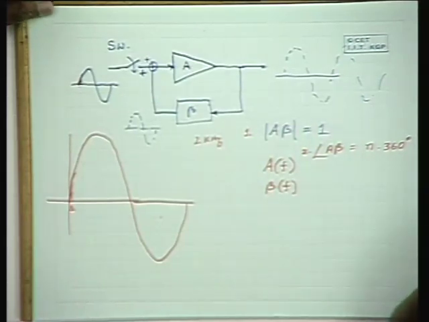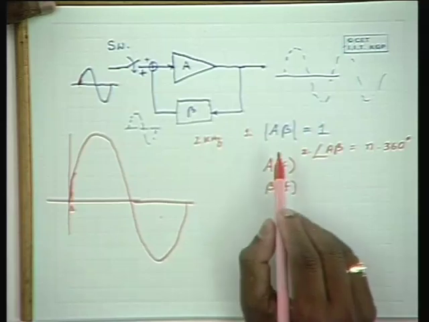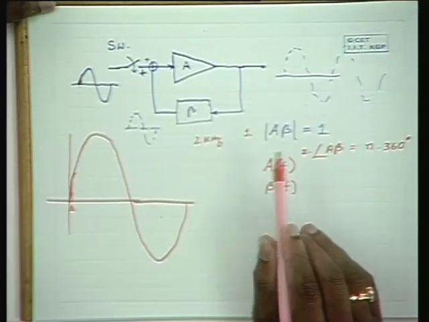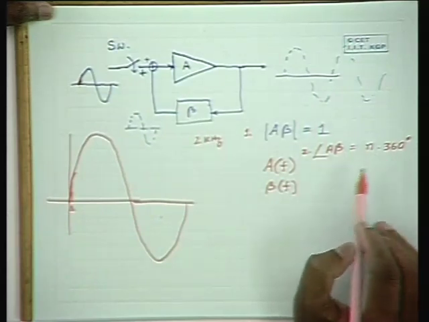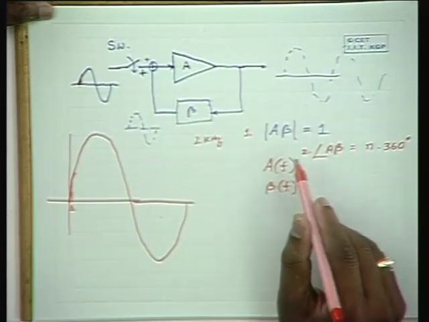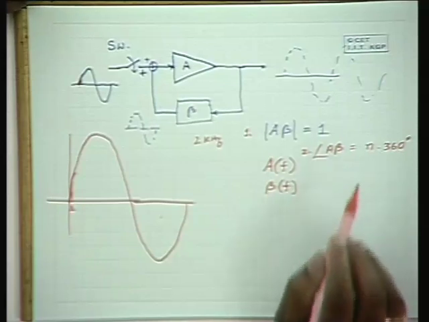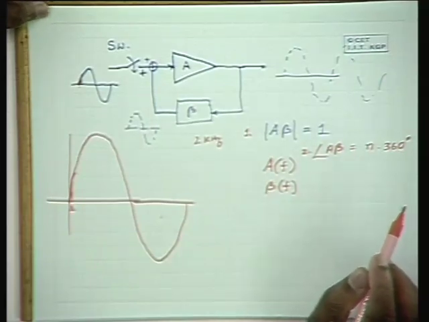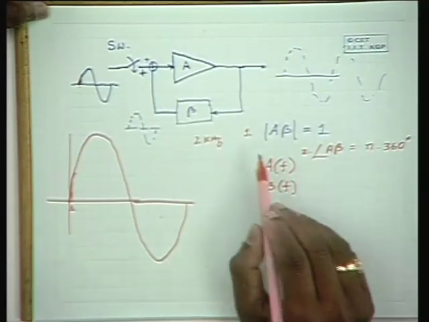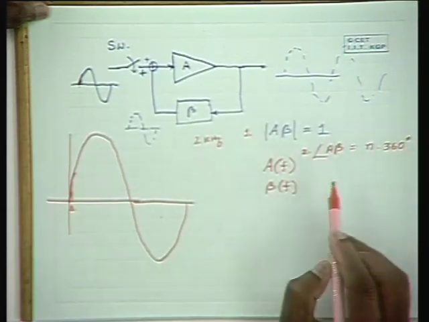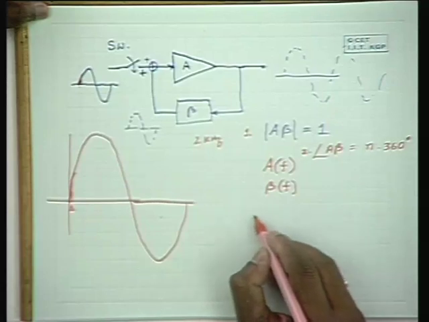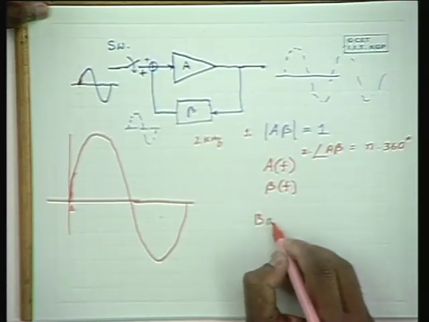Output does not get sustained. Therefore, only when the magnitude of A beta is equal to 1 and the angle of A beta is equal to n into 360 degrees at a particular frequency, oscillations are produced at that particular frequency. And these two conditions are known as the Barkhausen criterion.